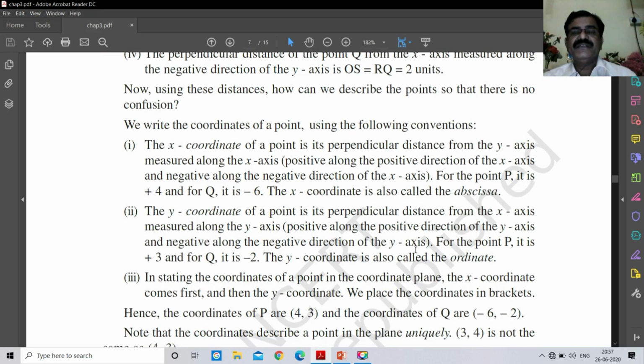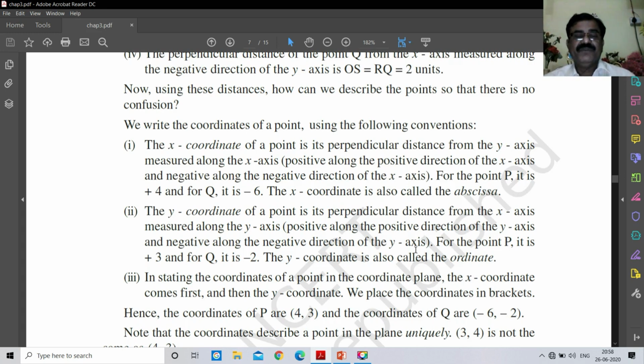So students, abscissa and ordinate are the x and y values of a specific point which can be located in any plane. In writing the coordinates of a point in the coordinate plane, the x coordinate comes first and then the y coordinate. We place the coordinates in brackets.